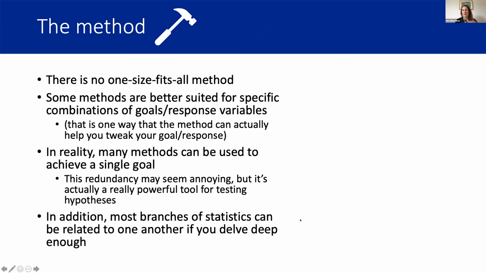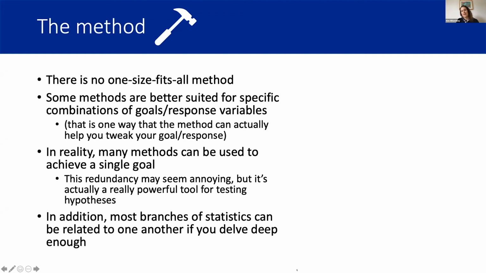And so that redundancy can seem annoying at first, but it's actually a really powerful tool for testing hypotheses, because if we can test an ecological theory with multiple methods and come up with the same answer, we're going to be more sure that our conclusions are correct, or that we have more evidence supporting our conclusions.